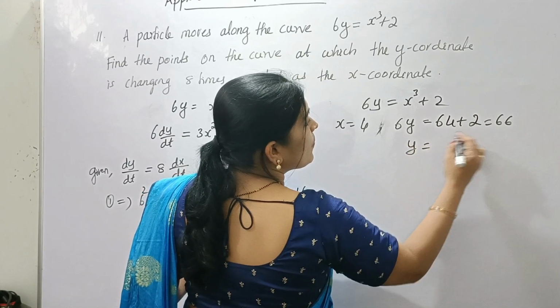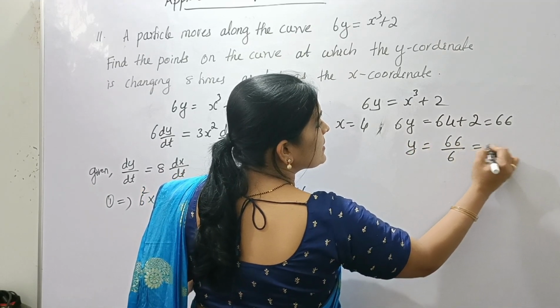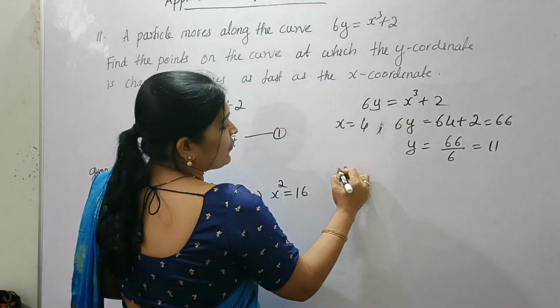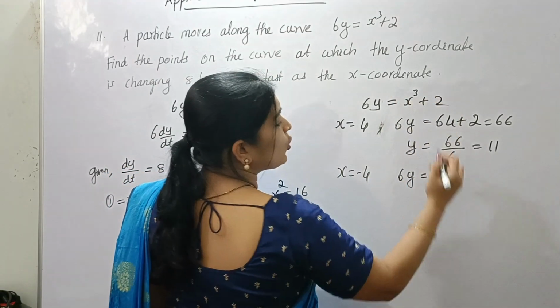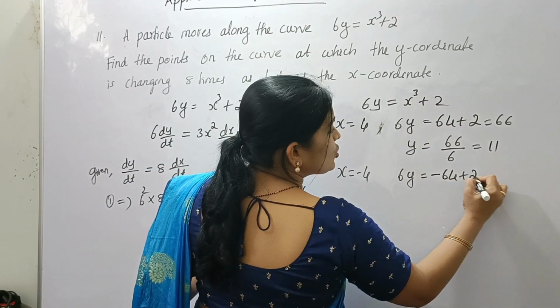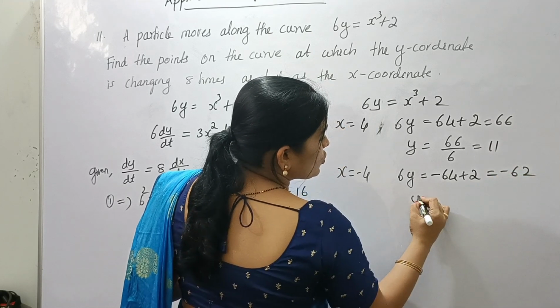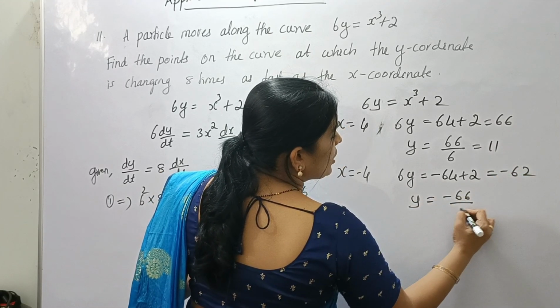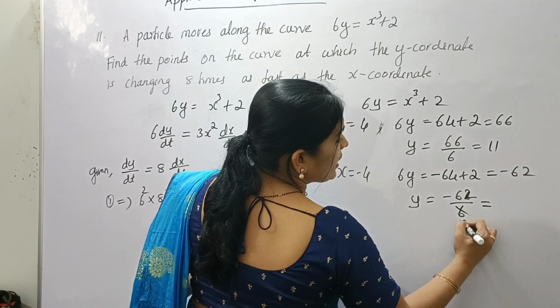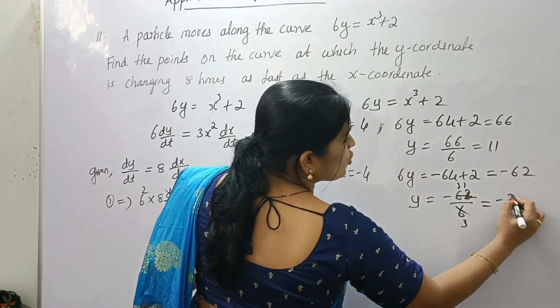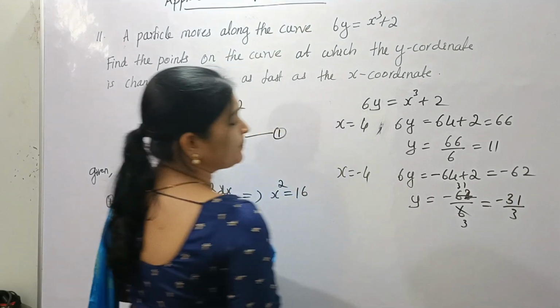So y is equal to 66 divided by 6, that is 11. And when x is equal to minus 4, 6y is equal to minus 4 whole cube, that is minus 64, plus 2, that is minus 62. So y is equal to minus 62 divided by 6, that is minus 31 divided by 3.